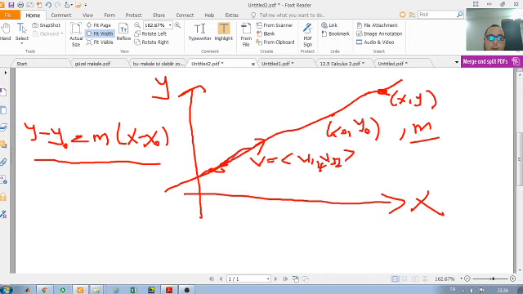If you know the direction vector of the line and a point x0, y0, even if you don't know its slope, we can also state the equation of the line.